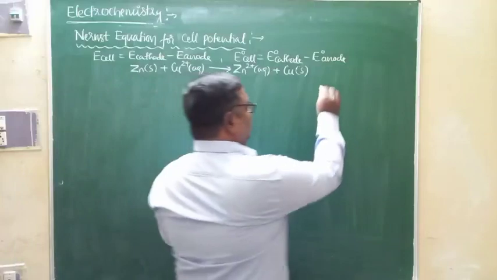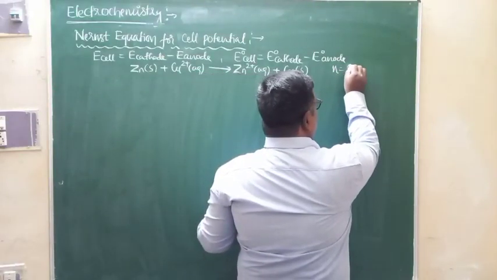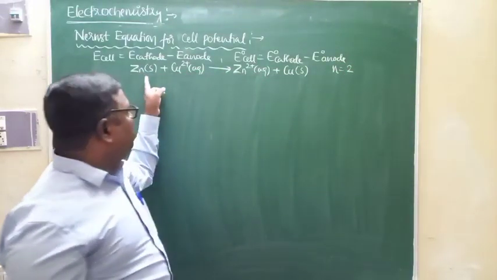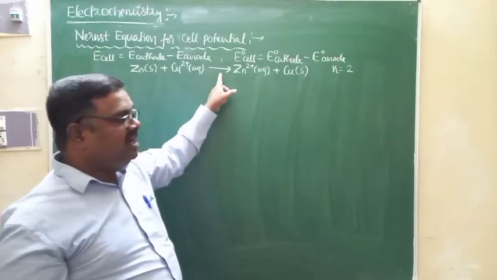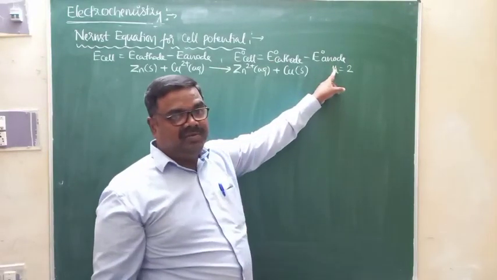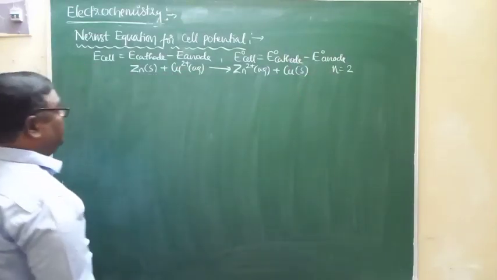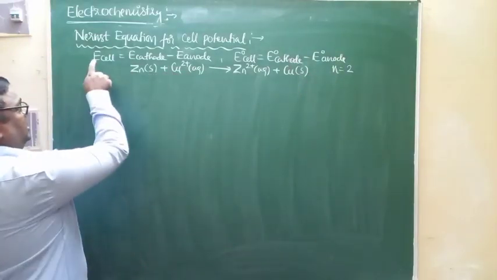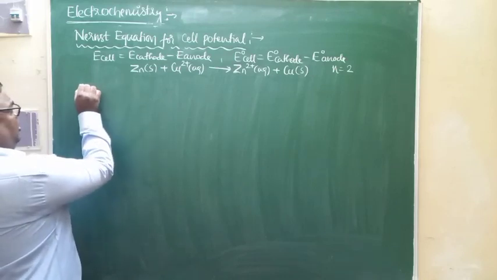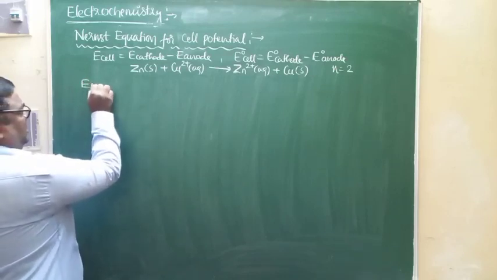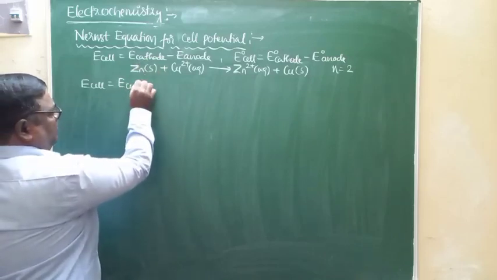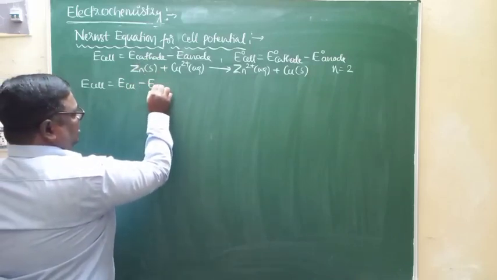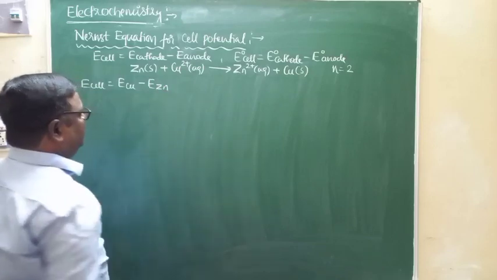That's why the number of electrons exchanged between anode and cathode in the Daniell cell is 2, and that is what we call n is equal to 2 here. And of course, if you want to calculate E of cell, in the case of Daniell cell, E of cell is equal to E of copper minus E of anode, that is zinc.